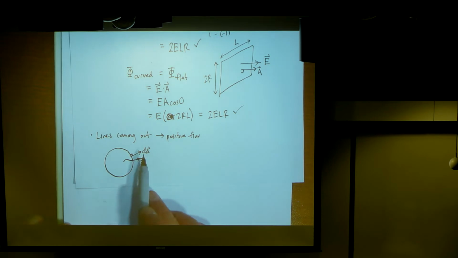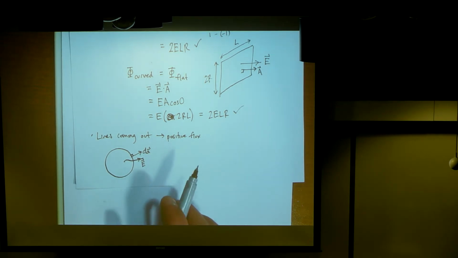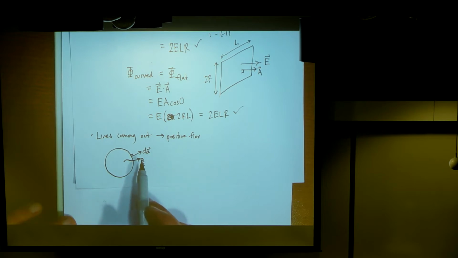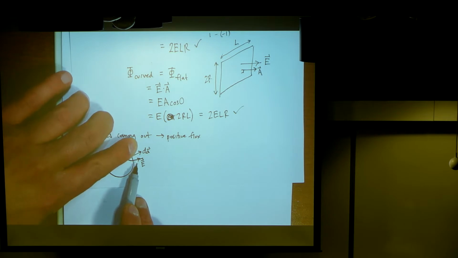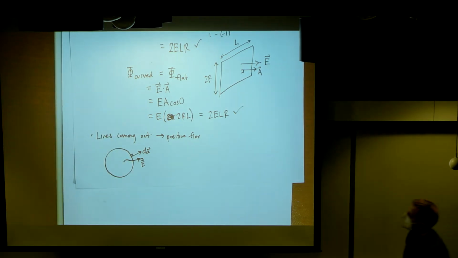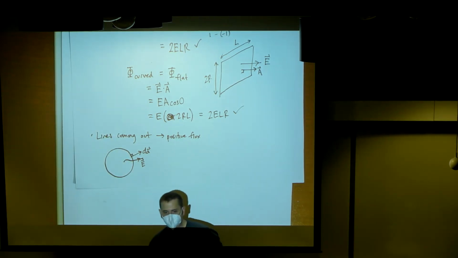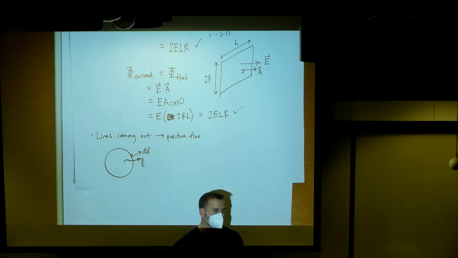What can I say about the angle between E and dA? It's a right angle. So in other words, what kind of general statement can I make about the angle between these two vectors? It's a small angle is what I'm getting at, right?